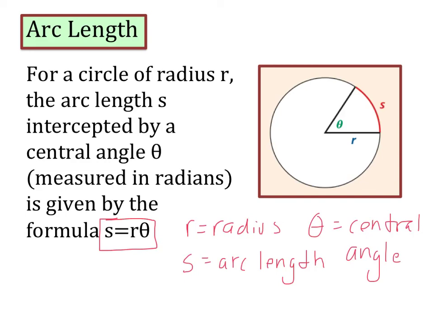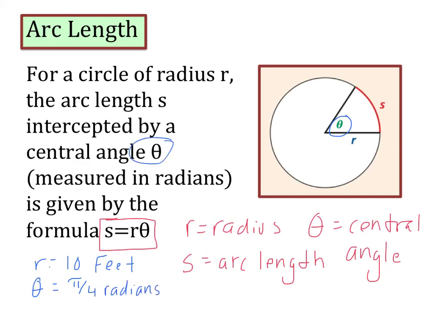So for example, if we knew that the radius was 10 feet and we know at this angle here, theta is pi over 4 radians.